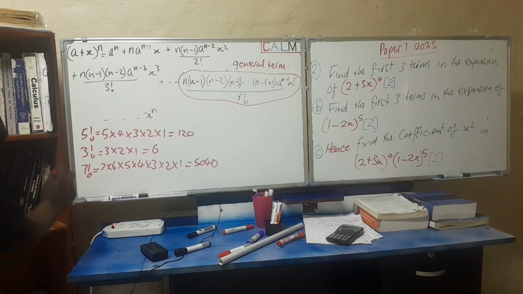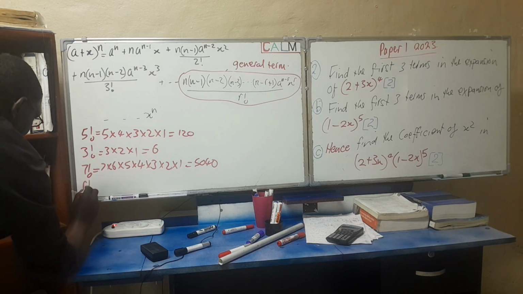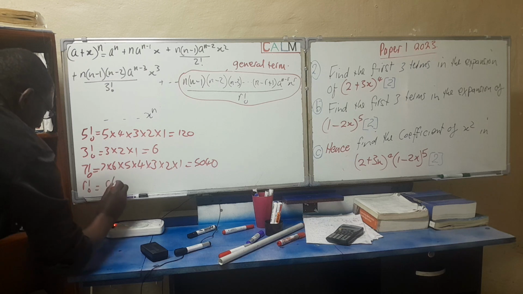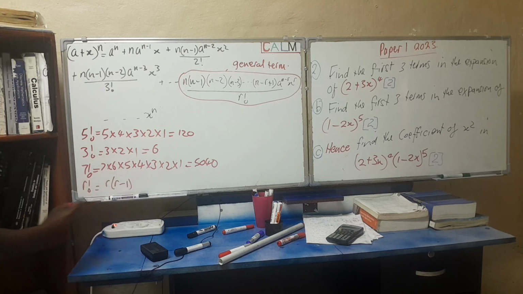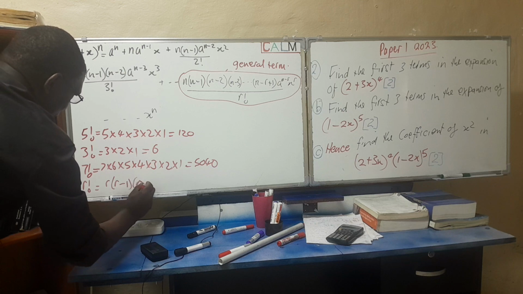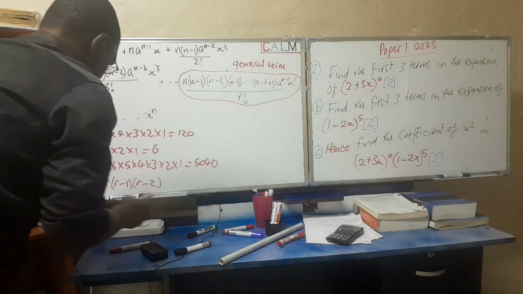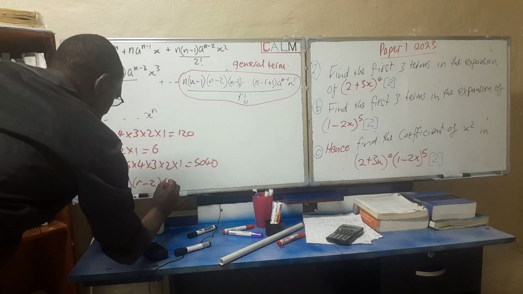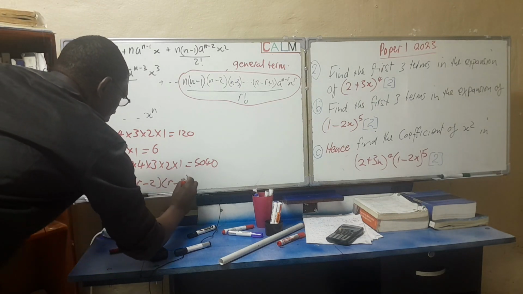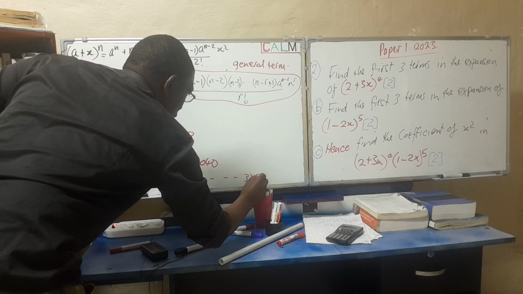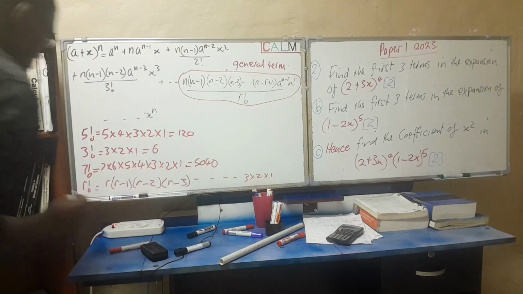r factorial is equal to r, brackets r minus 1, brackets r minus 2, brackets r minus 3, all the way until it gets to 3 times 2 times 1.